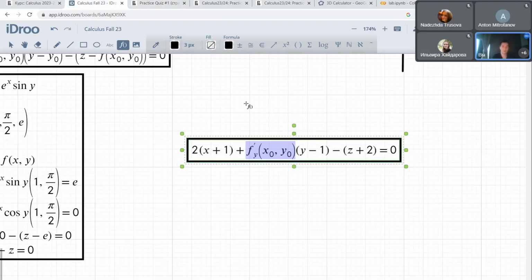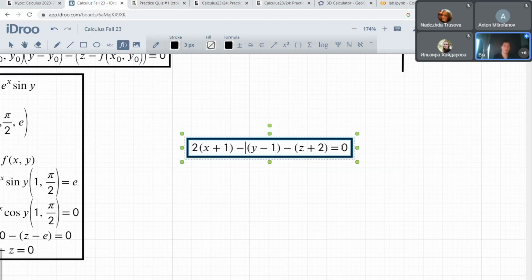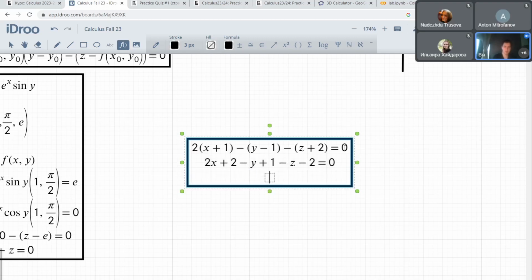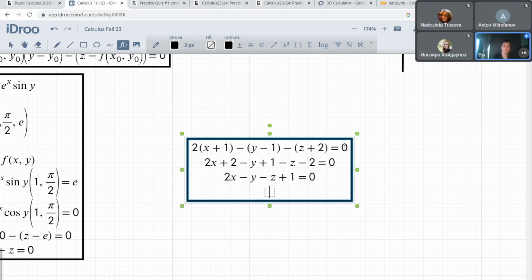The only thing we need is to open the brackets: 2x plus 2 minus 1 plus 1 minus z minus 2. So we can see 2x minus 1 minus 2x minus y minus z plus 1 equals 0, and the sum of coefficients equals 0. So that's an easy task, as I see.